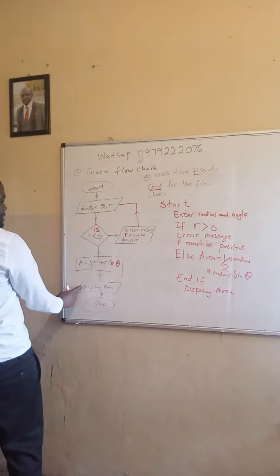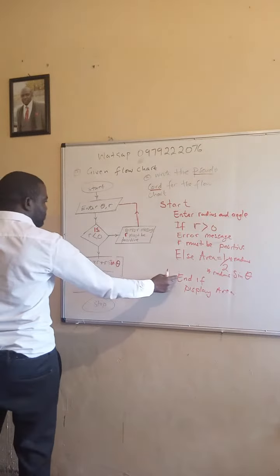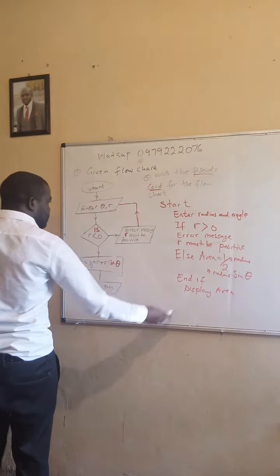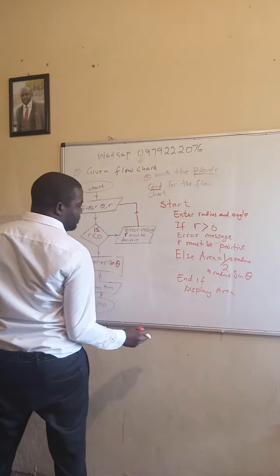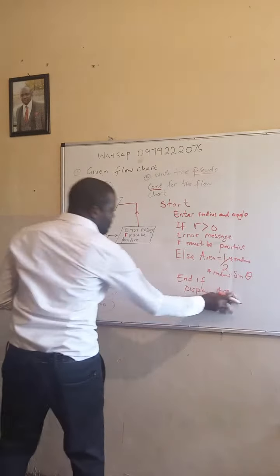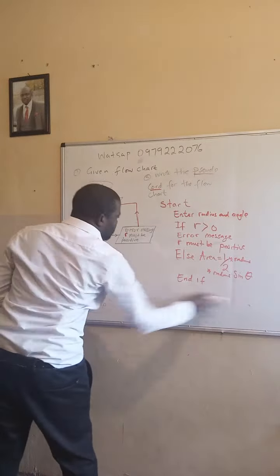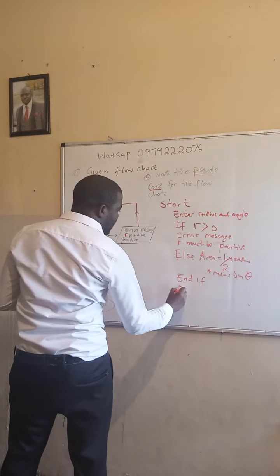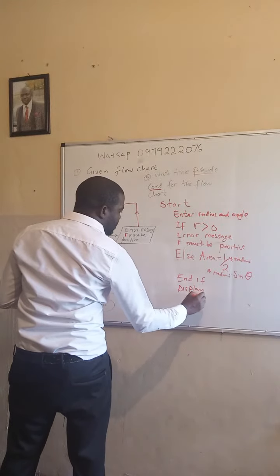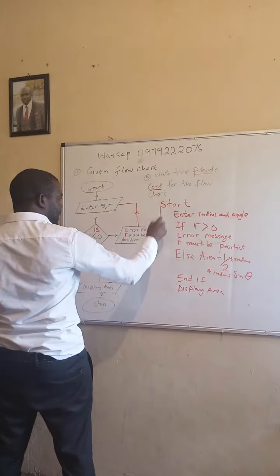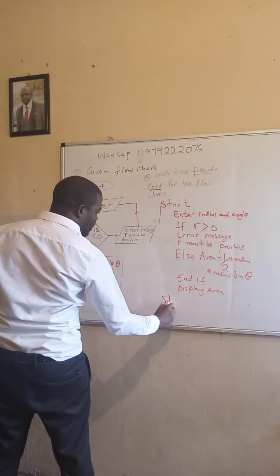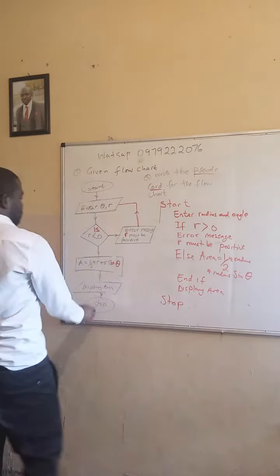Before you write this last one, you always put end if on top. You see these are all in one line. Even this one has to be in front here. End if, display area. And then stop is in line with this, so stop is in front, like this.